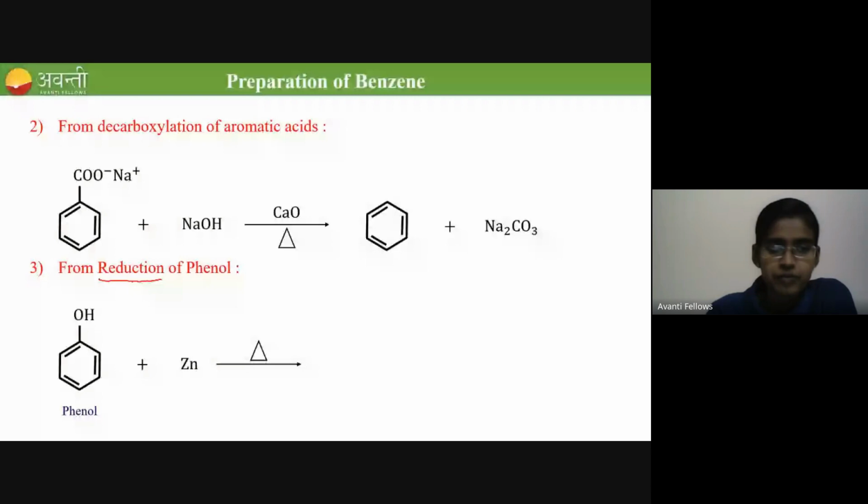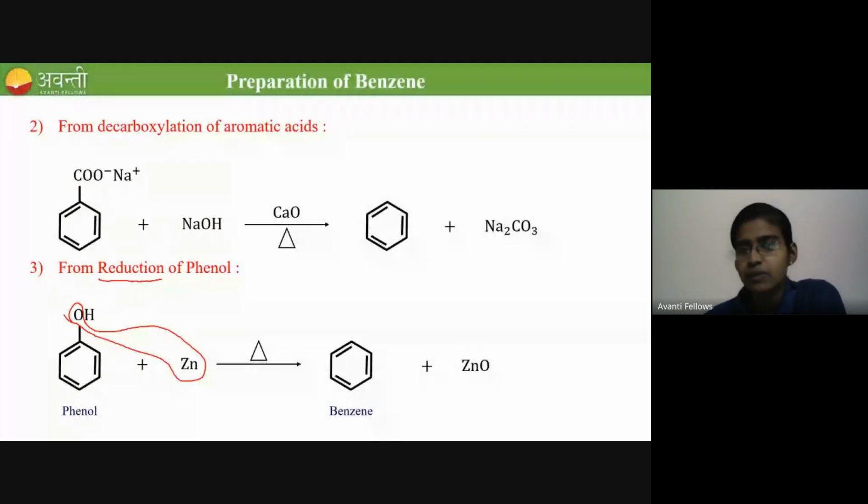Here in this reaction, we use zinc metal and heat it. What is reduction? Removal of oxygen. So the oxygen is removed as ZnO, and we get C6H6. So by reduction of phenol, you get benzene. These are the three very important main preparations for benzene.